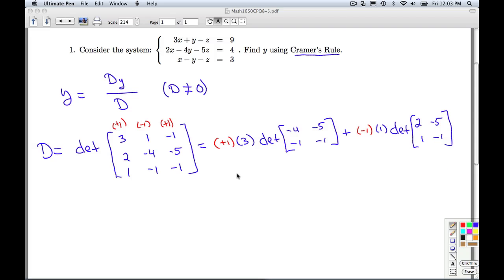Last but not least, I add to this sum the positive 1 times negative 1 times the determinant, wipe out the row and column that's in, 2, negative 4, 1, negative 1.